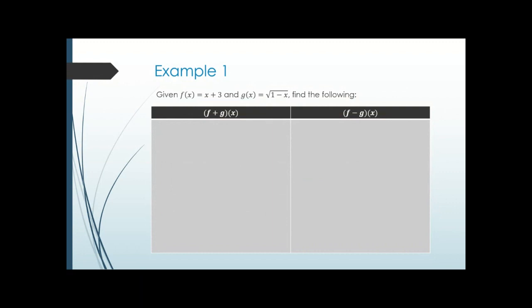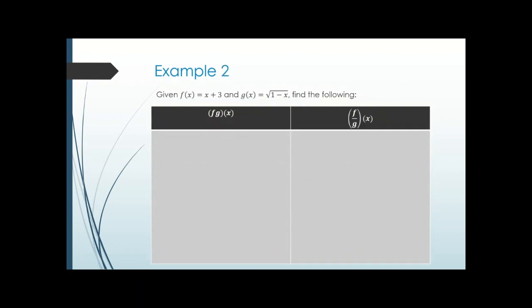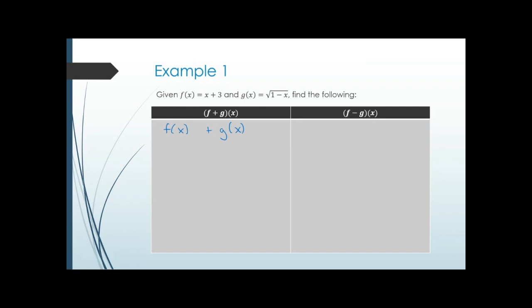So we've got f plus g of x. That means you can kind of think about it like you're distributing the x. So that's f of x plus g of x, if you want to think of it that way. We're literally adding the equations together and then simplifying if possible. So f of x is x plus 3, and g of x is the square root of 1 minus x.